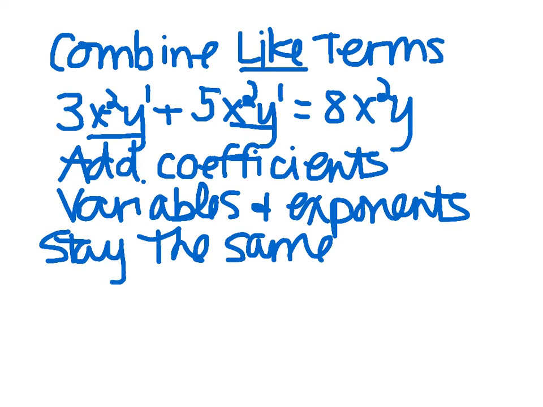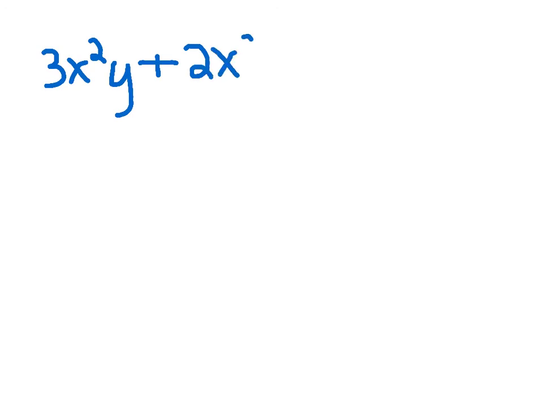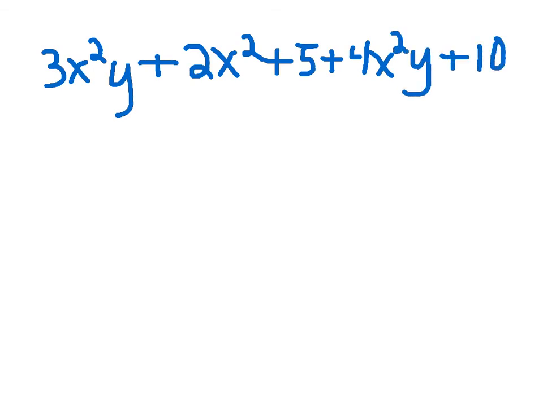So let's say we have a polynomial, I don't know, looks like 3x squared y plus 2x squared plus 5 plus 4x squared y plus 10. Okay? If I want to simplify, that's code for combine the like terms. So in this, I first want to see, do I have any other x squared y's?